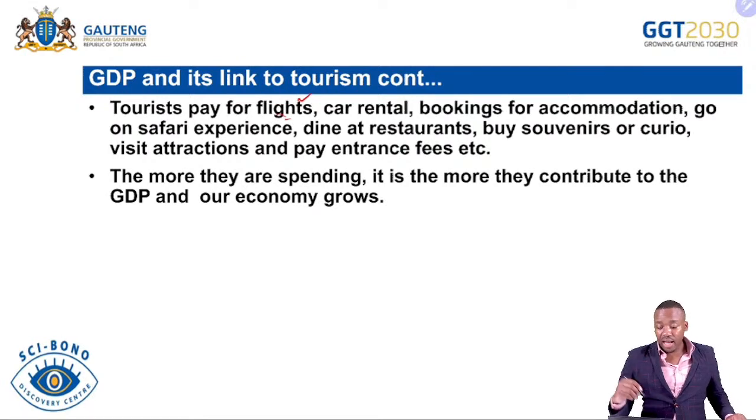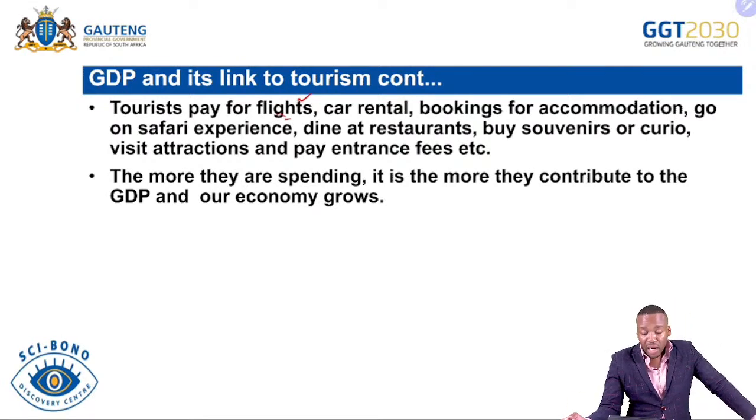From the flights, let us say now maybe they need to travel to other provinces or to maneuver around the province. Then they need what? They will go to our car rentals. We dealt with car rentals in grade 11. By the car rental, what must they do? They need to hire transport that is going to help them to move around.